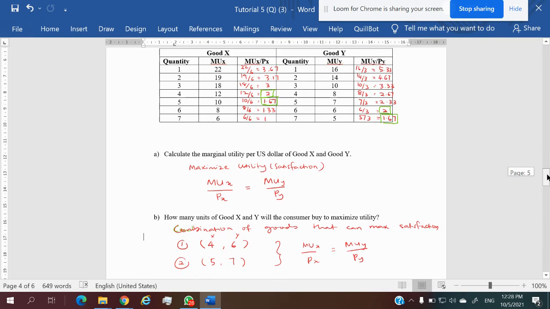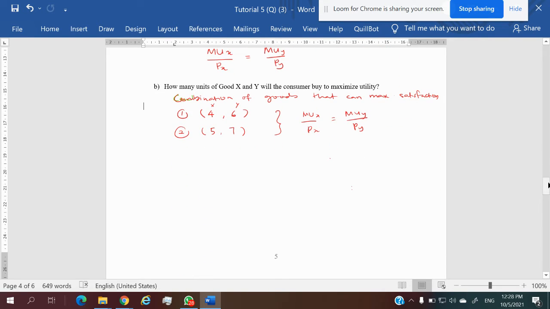Okay, continue. So which combination is the best combination to show the point where you get optimality? We already know the combinations of goods. Now we have to look at our budget, because if the combination is good but we cannot afford to purchase it, it's not the point where you can achieve optimality.